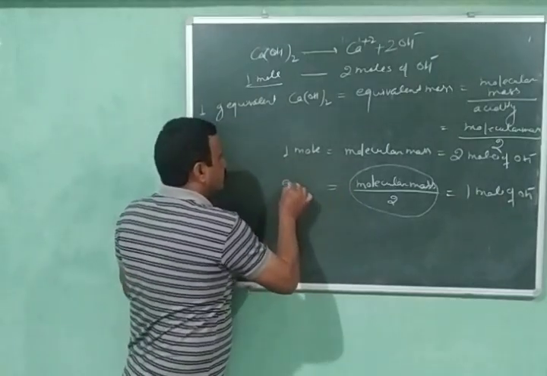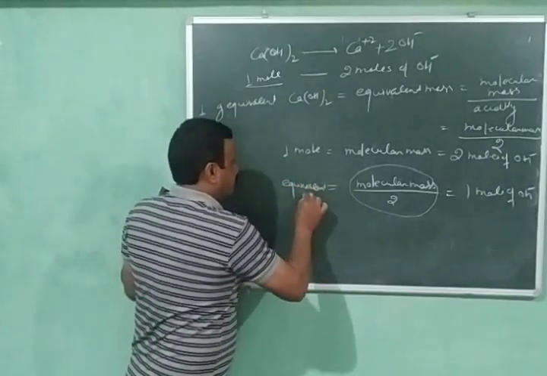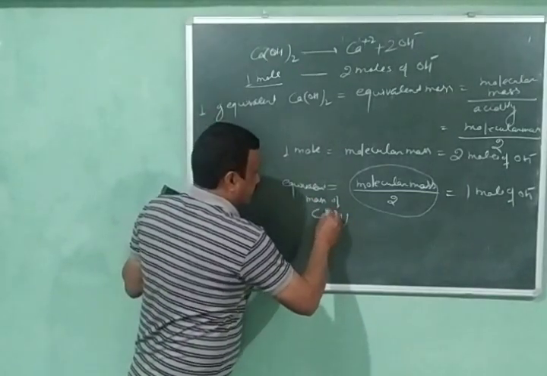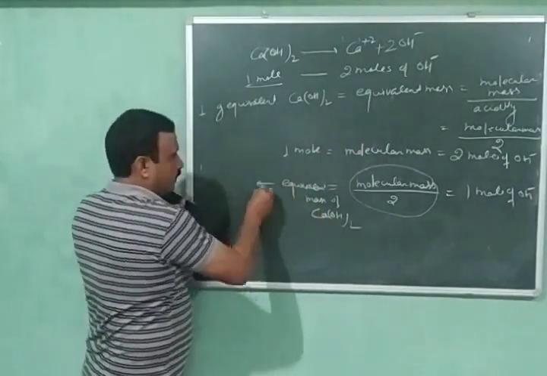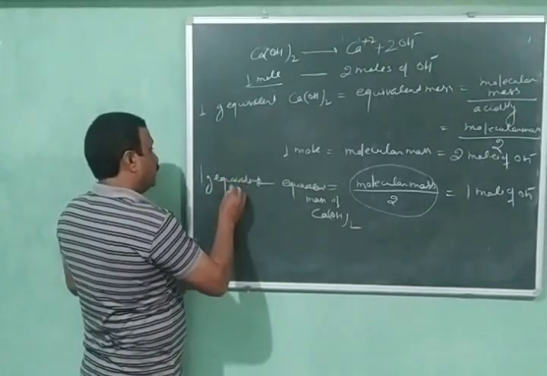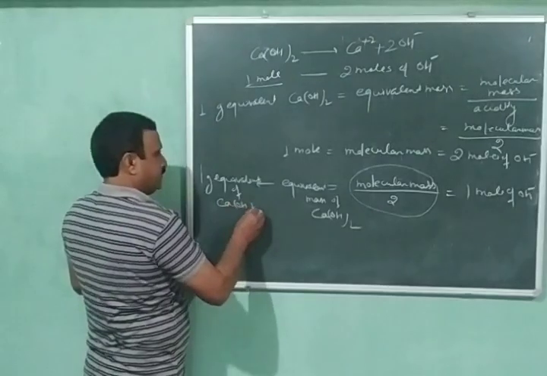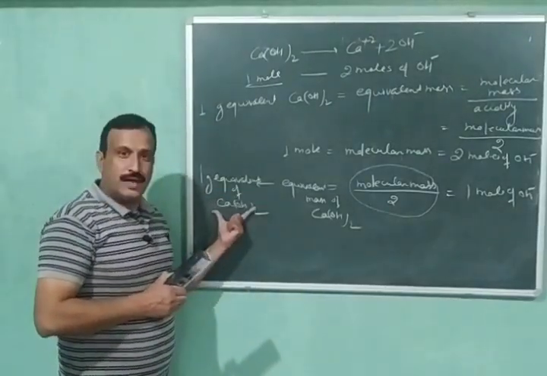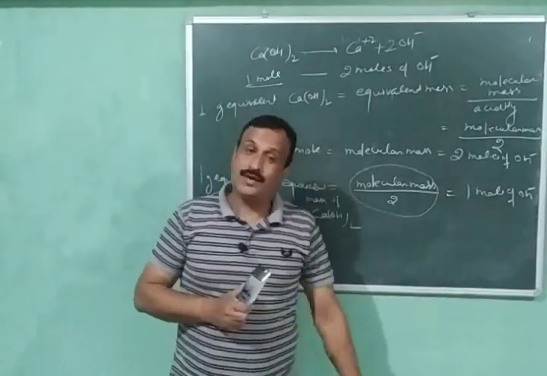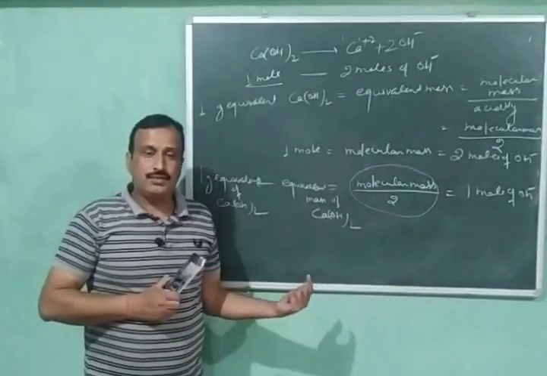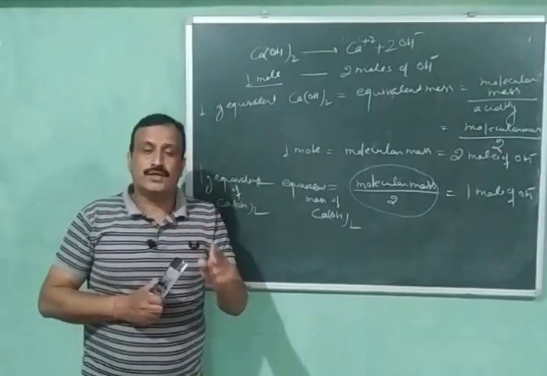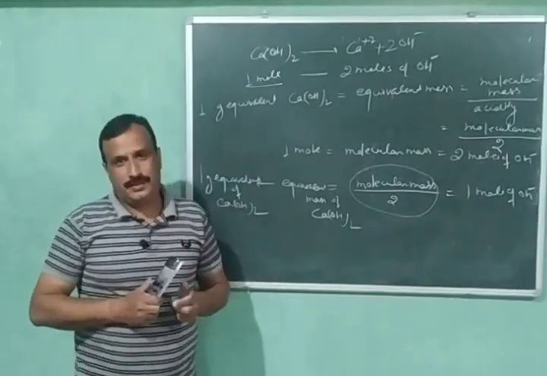It is the equivalent mass of calcium hydroxide, and the equivalent mass is equal to what? 1 gram equivalent. 1 gram equivalent of what? Calcium hydroxide. So the 1 gram equivalent of calcium hydroxide, which is equal to equivalent mass, will give us what? 1 mole of OH negative ion. Understood? So in this way we have explained that 1 gram equivalent of a base will always give us 1 mole of OH negative ion.